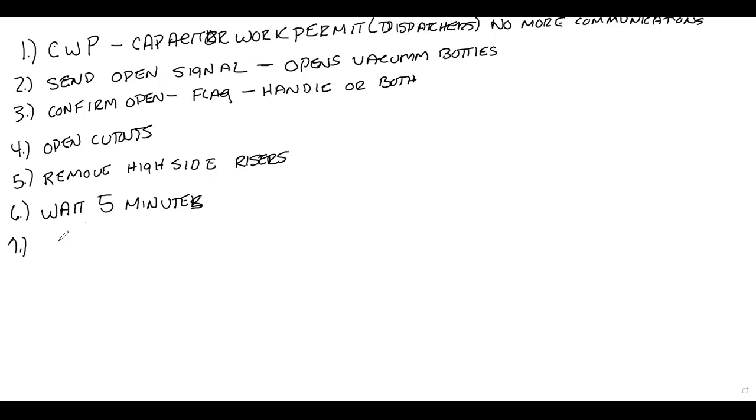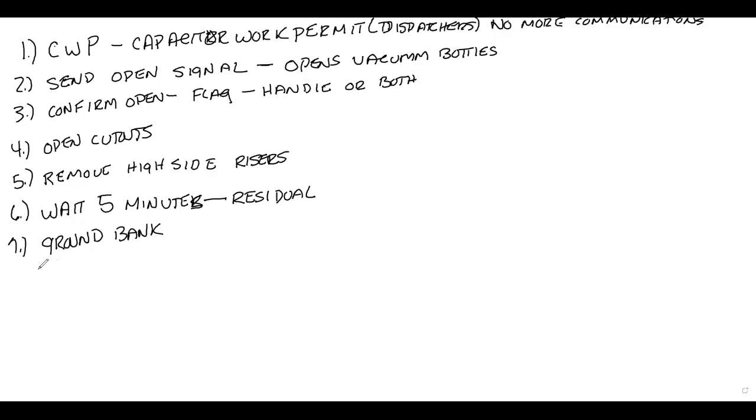Step 7, ground. Now, why do I wait 5 minutes? For the capacitors to bleed off. Yeah, there's a residual charge. And you want to wait for that to bleed off in that 5 minute period. Some companies might specify a little bit higher. Wait whatever they specify.